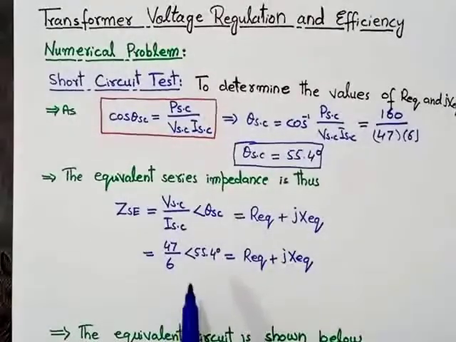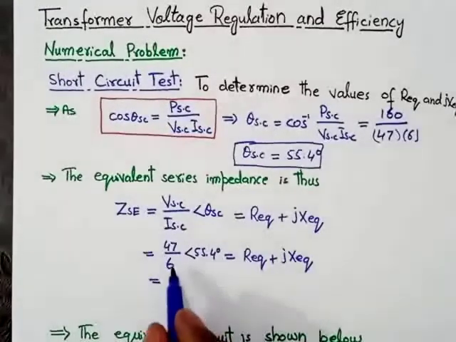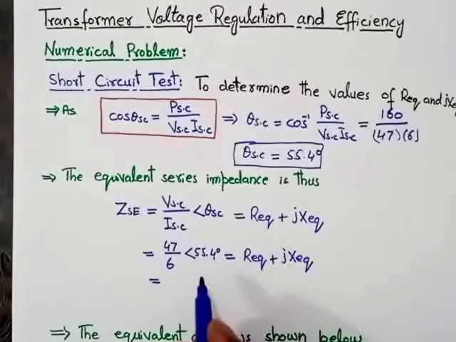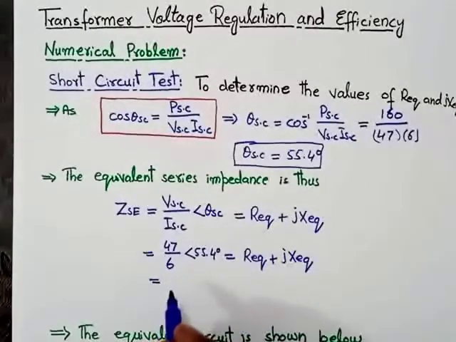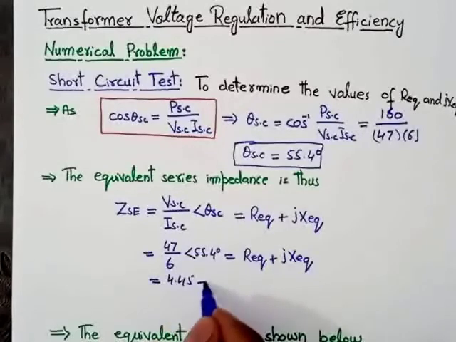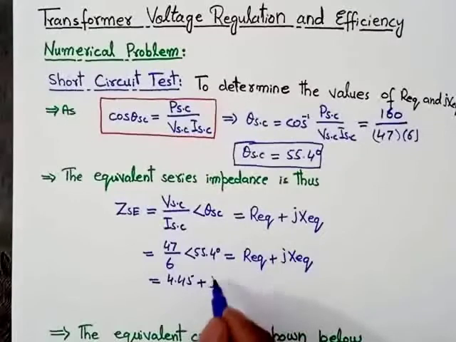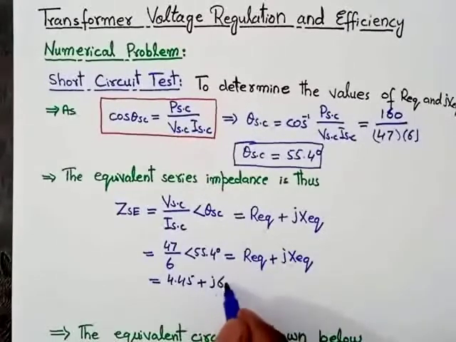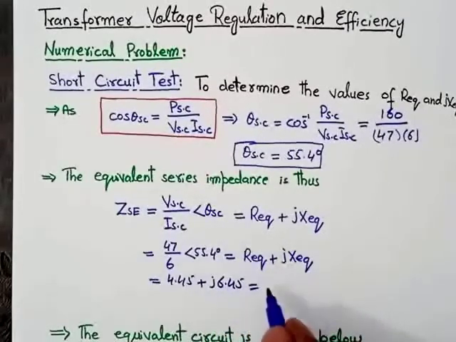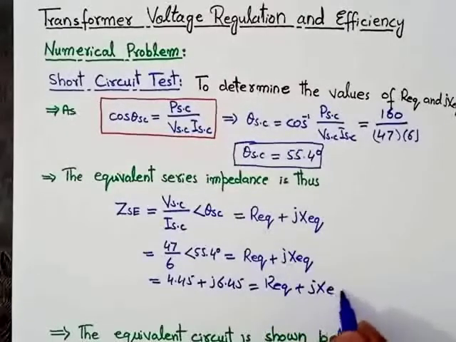So the rectangular form of the given polar form is 47 over 6 angle of 55.4 degree, which is equal to 4.45 plus j6.45, equal to R equivalent plus jX equivalent.